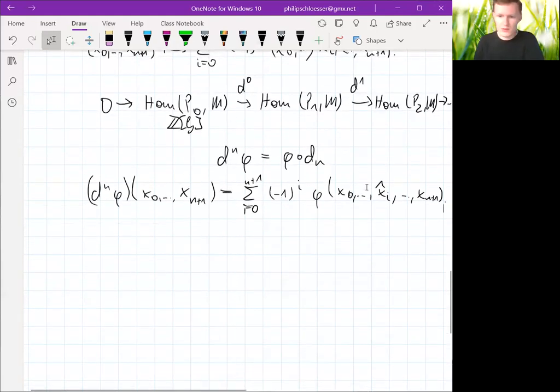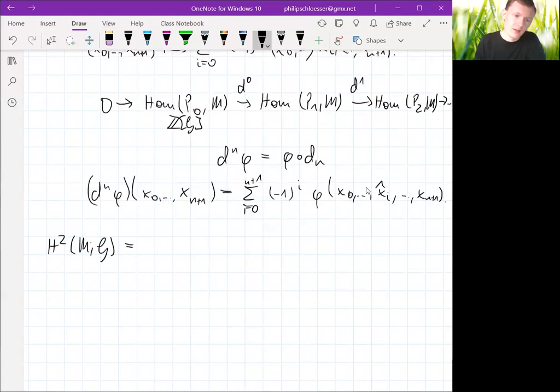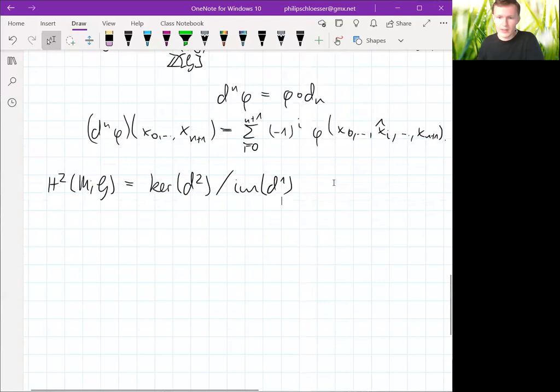And the case we're interested in, well, we are looking for the second cohomology group. And this one is the kernel of D2 divided by the image of D1. And now we're looking at what the kernel and the image look like.